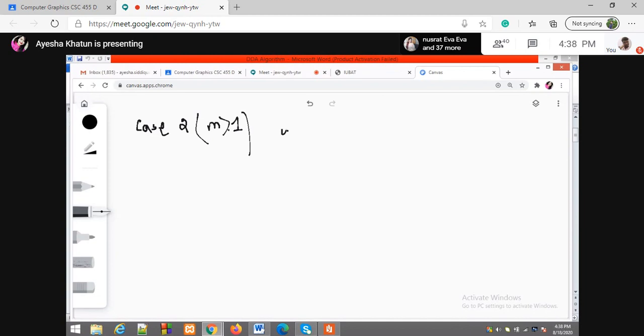As we know, m is equal to yk plus 1 minus yk divided by xk plus 1 minus xk.